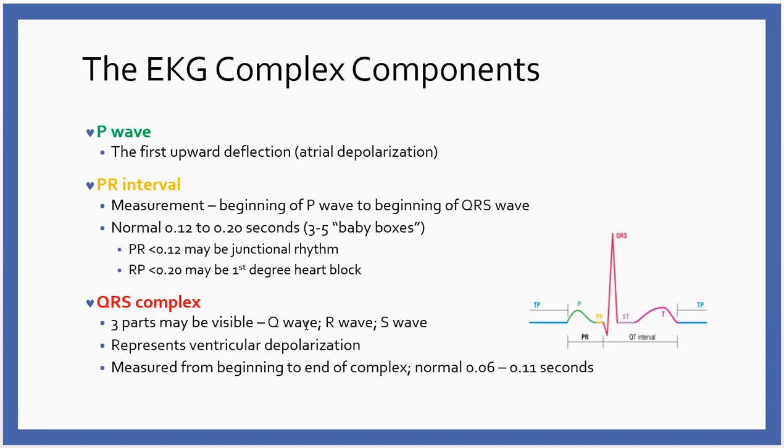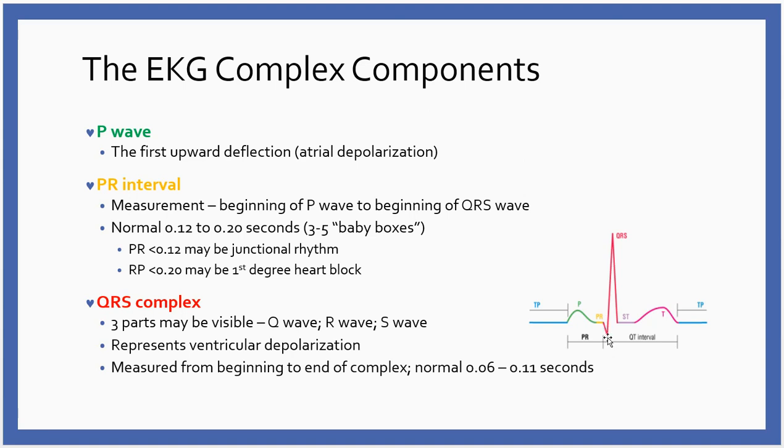Now, we may not see all of these waveforms, but the Q wave is the first downward waveform. And so I've got a teeny tiny little Q wave here. A teeny tiny little Q wave is fine. In certain leads, a big Q wave is not fine because it can indicate a heart attack. But this little itty bitty Q wave is okay.